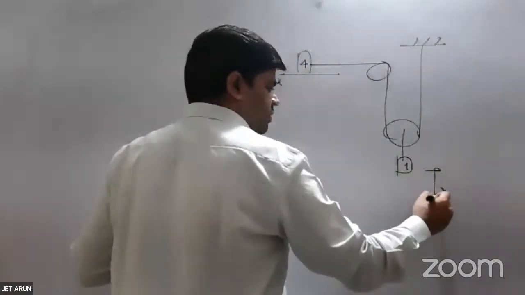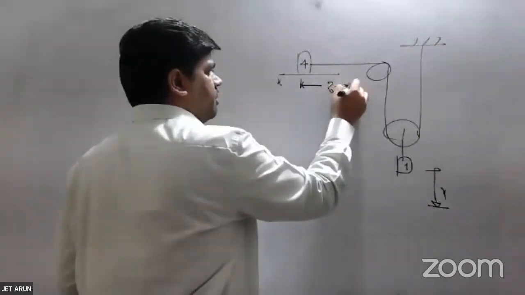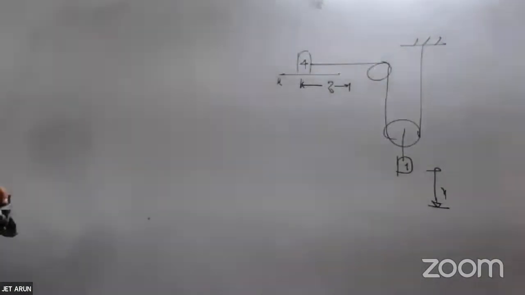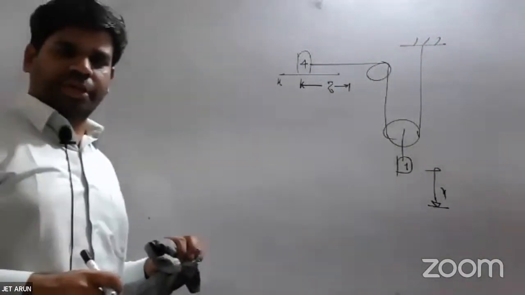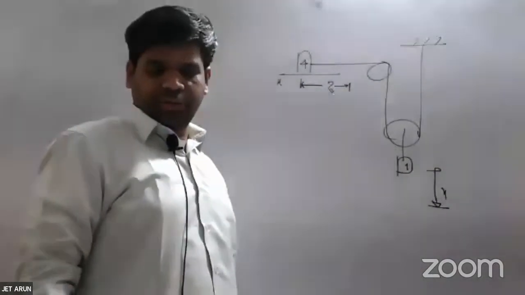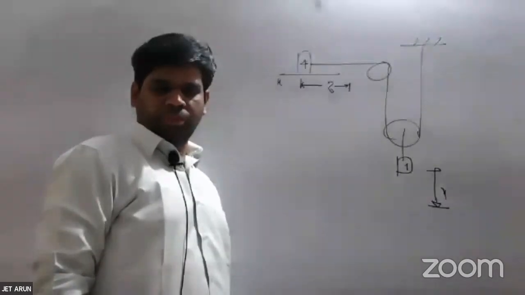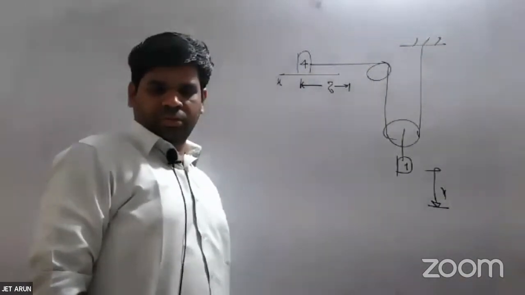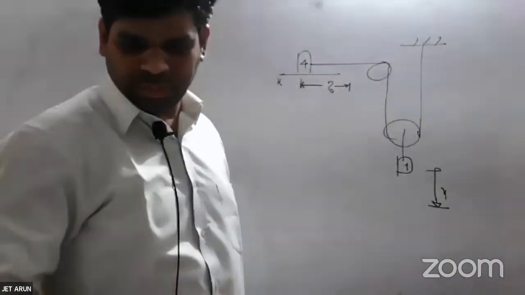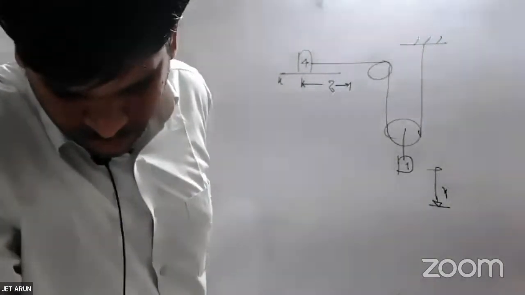If this descends by x, this moves by how much amount? If block 1 descends by x, how much does the 4 kg block move towards the right? So if block 4 moves to the right, block 1 will be x by 2.